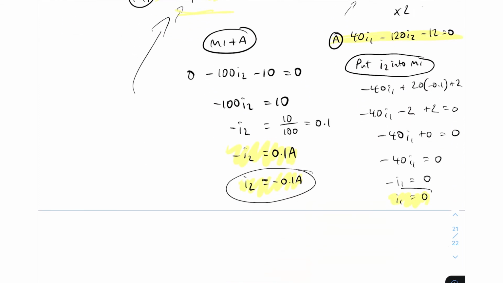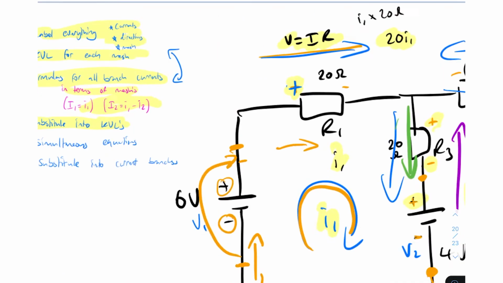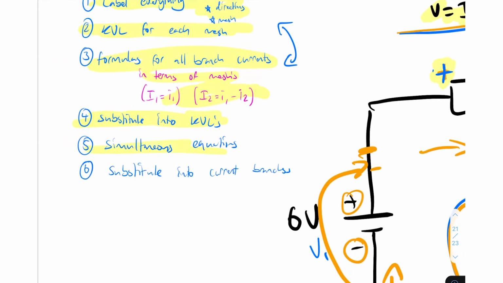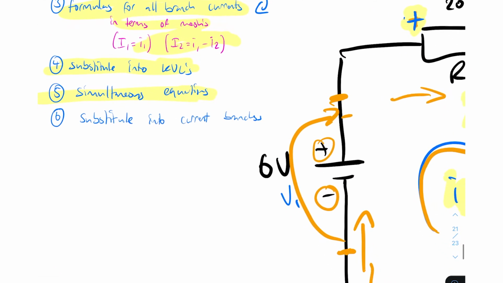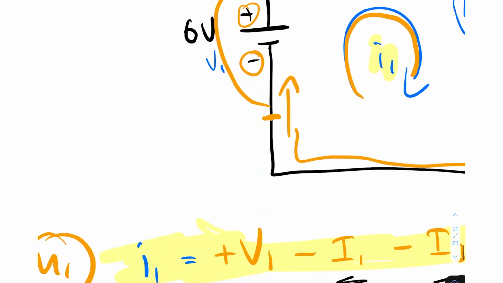Okay, so we've got those two mesh currents. All right, so we've done our simultaneous equations. The last thing we need to do now is substitute the values that we just got for I1 and I2, which are the two meshes, into the original equations that we had for each resistor, I1, I2, and I3.